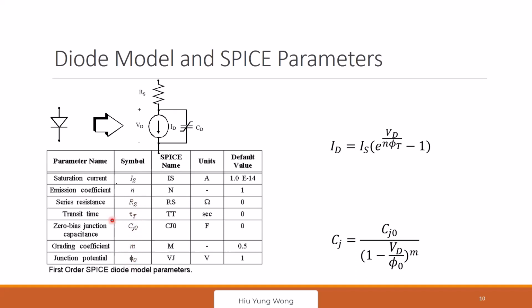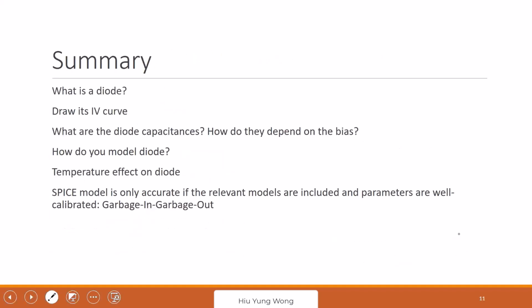Transit time, which we did not mention, is related to how fast you can remove the excess carriers, but I won't go into detail here. We're not doing device physics. This is related to how fast it can switch. Okay, so all of this should be very straightforward to you now.